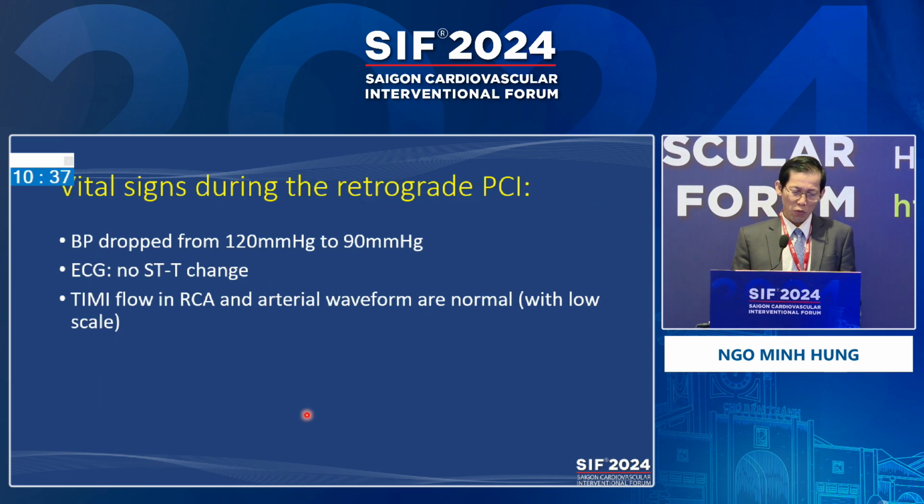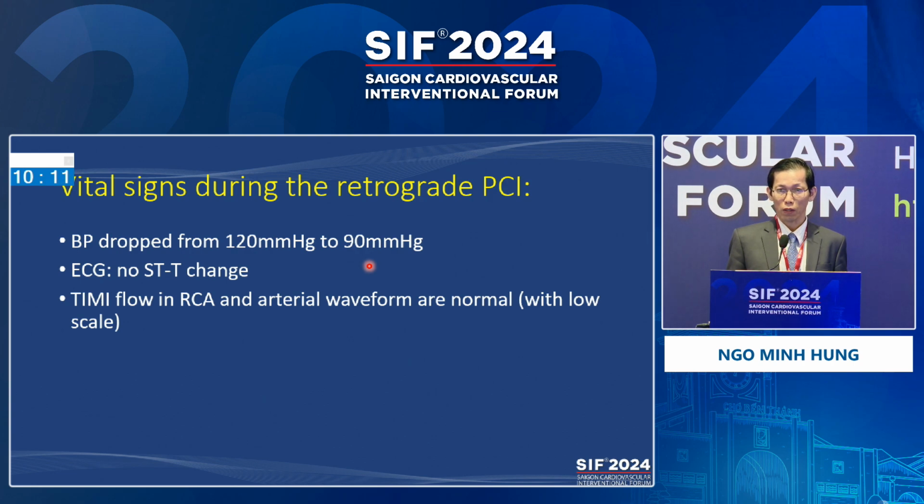During the intervention, the patient felt uncomfortable, not very painful, but felt shortness of breath and very tired. Looking at the EKG, it is normal. But the blood pressure went down from 120 to 90.